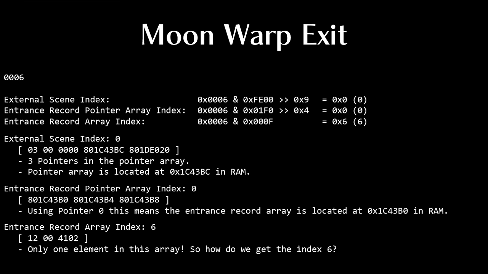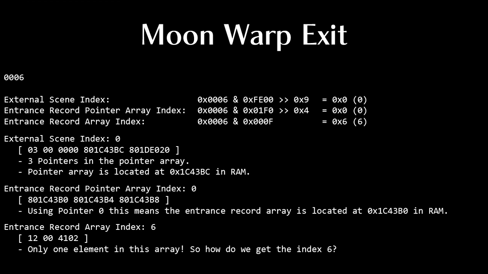But what I can tell you I already know beforehand is that this array actually only has one element in it. This means by using index 6 we're going out of bounds on this array. But if you recall earlier, I mentioned that this array does not have a defined length. It is assumed that the value it gets here is going to be valid.